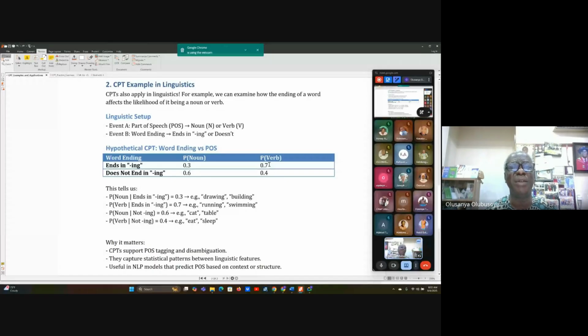Here we have 0.3, which is the conditional probability that if a word ends in ing, then there is a 30% chance that the word will be a noun.